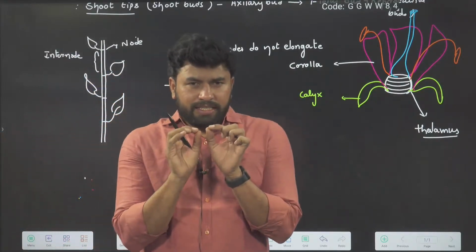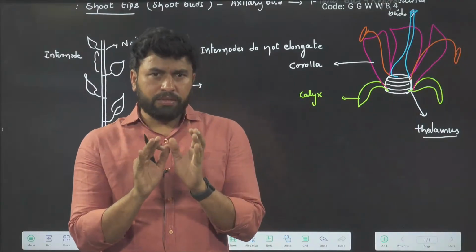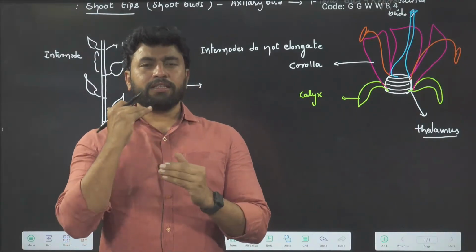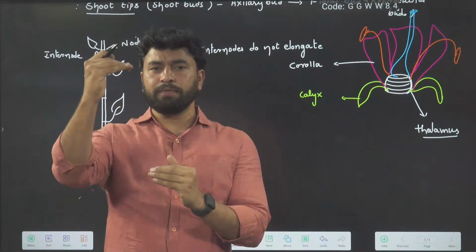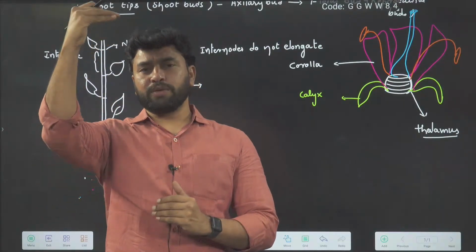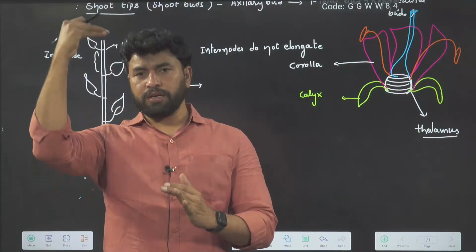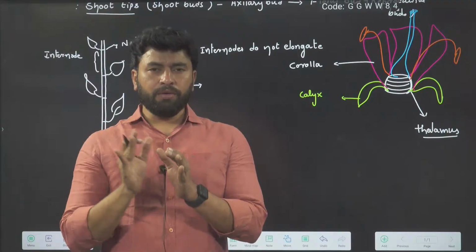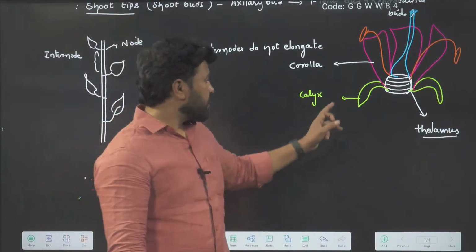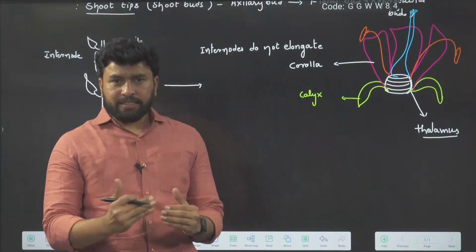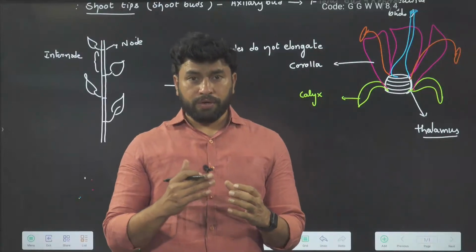I'm not saying exactly one node, a group of nodes also sometimes develop, but successively, one after another, the floral appendages started to develop. From the lowermost to innermost node, the outermost node produces calyx. The next second node produces corolla.